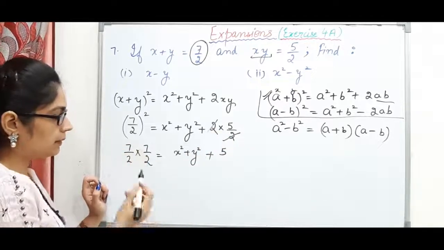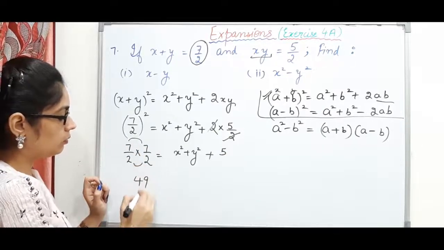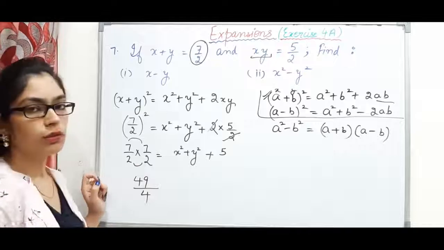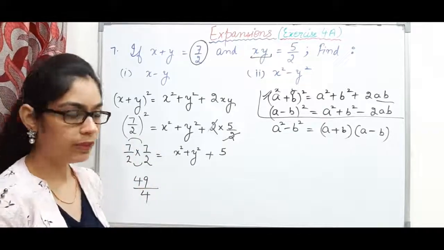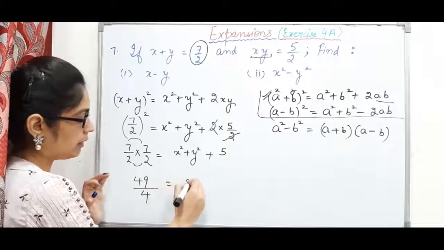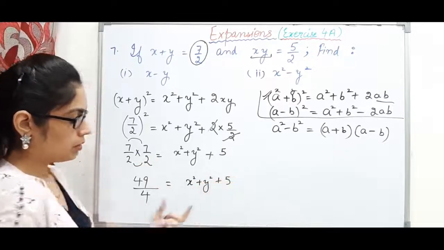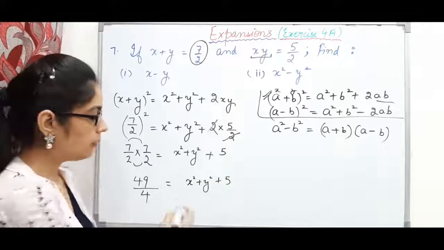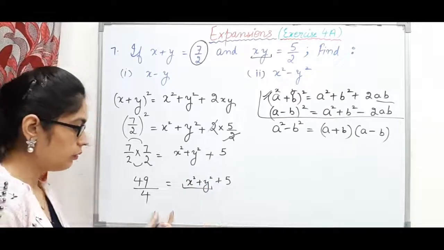So these we can multiply. 7 into 7 is 49 and 2 into 2 is 4. In multiplication of two fractions, numerator will get multiplied by numerator and denominator will get multiplied by denominator. So it's 49 by 4 equals x square plus y square plus 5. We have to find the value of x square plus y square, so this plus 5 will shift to this side.